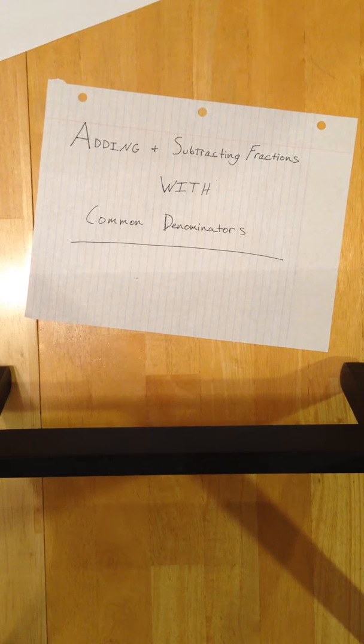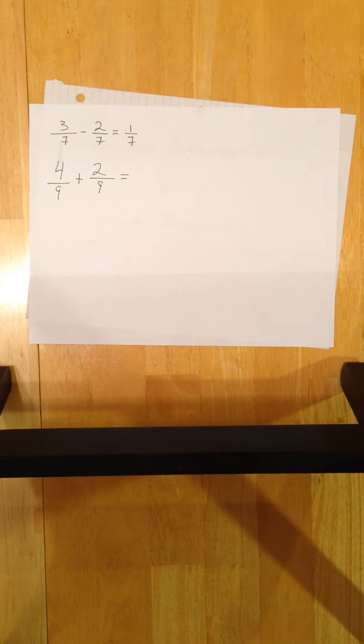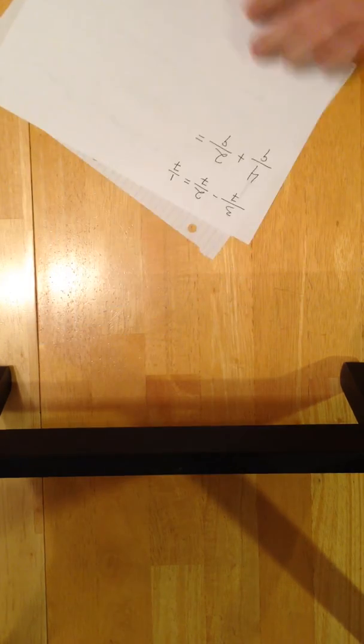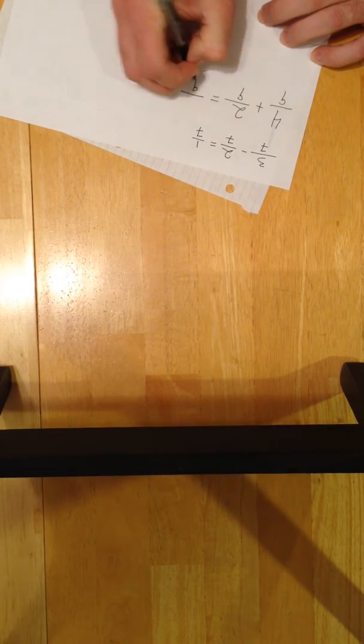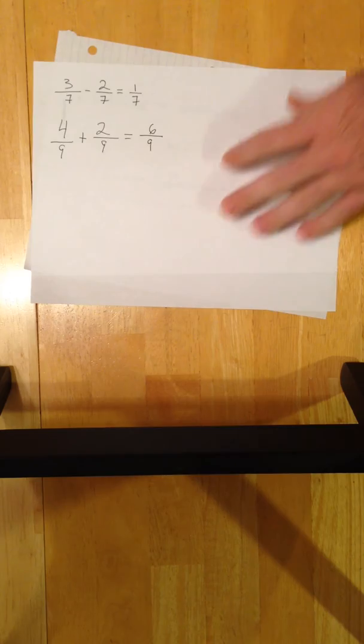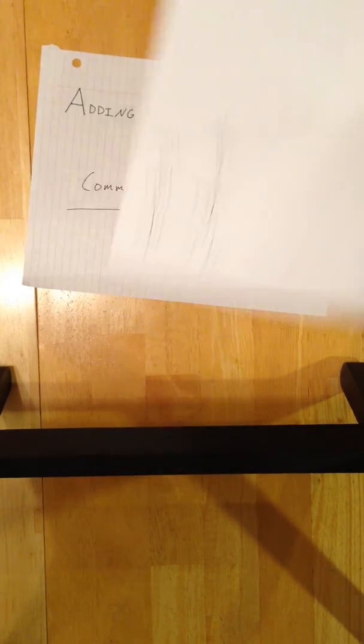Let's do 4/9 plus 2/9 equals, that one should be just like here. That one should be pretty simple. Everyone can see it. You count up from 4, 5, 6. So we have 6/9. Remember, the denominator, the bottom number, never changes. So we have 6/9. All right, well, I have a couple more that we're going to do, all right?